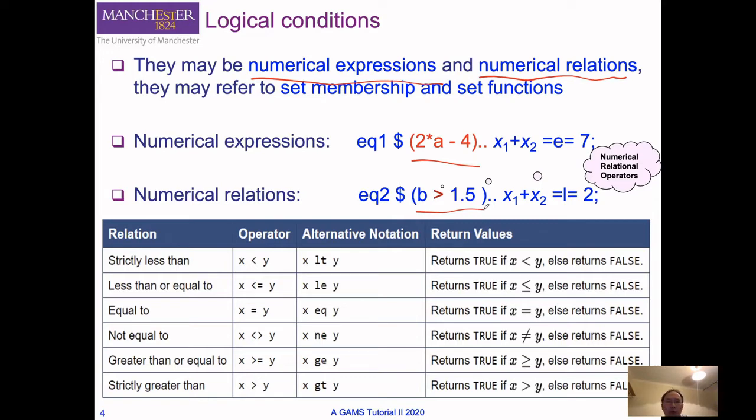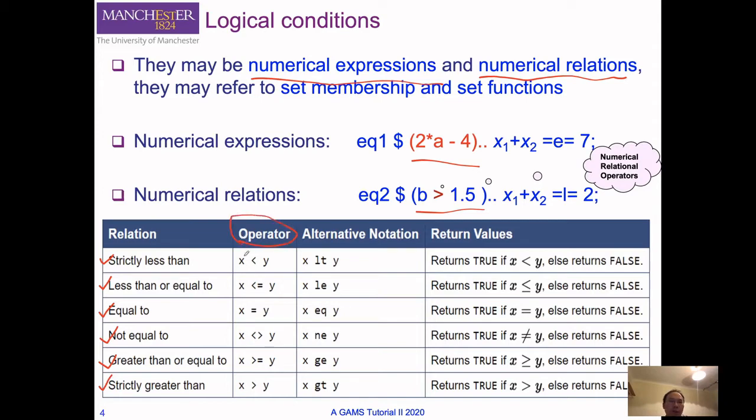The numerical relations can be strictly less than, less than or equal to, not equal to, greater than or equal to, strictly greater than. For different relations, we should use different operators.